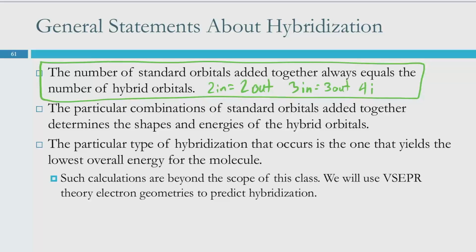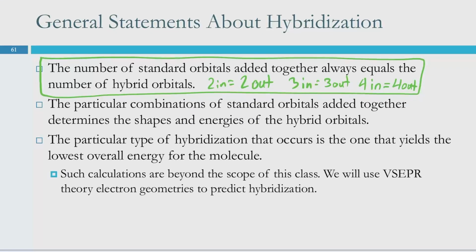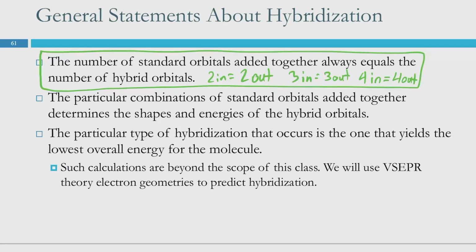What if we put 4 in? We get 4 out. So the number that we put in is the number that we get out. The combinations of the standard orbitals that we add together determines the shape and the energy of the hybrid orbitals. There's only a couple of options for these.